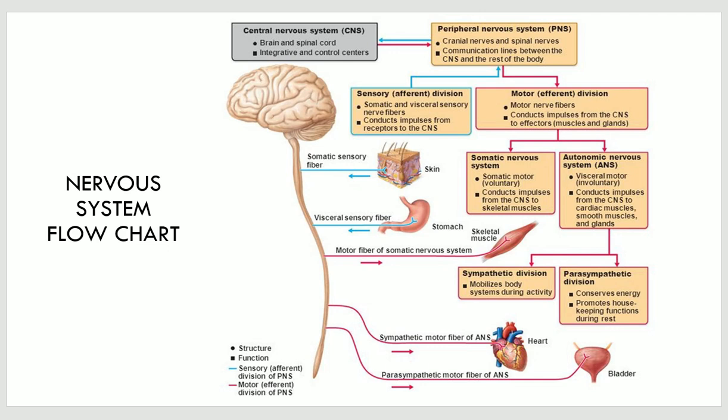So in the hot tea kettle example, the motor division was that biceps brachii muscle activating so that your finger wasn't touching that hot tea kettle anymore, right? So the motor division conducts impulses from the central nervous system to effectors, muscles, and glands. Okay, so the efferent division, the motor division, actually breaks down into two other ones. We have the somatic nervous system, that's voluntary, and we have the autonomic nervous system, that's involuntary.